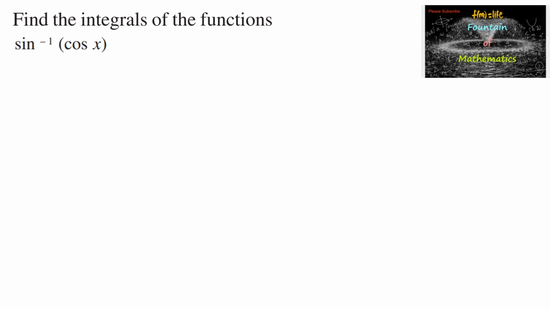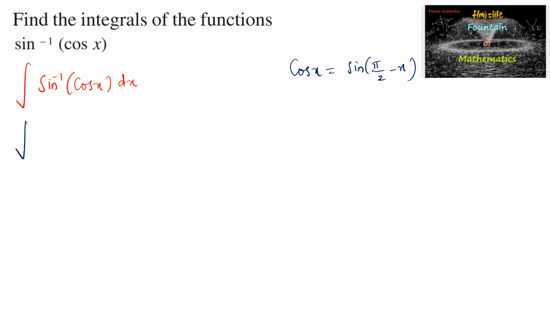Find the integral of the function sin inverse of cos x dx, and we can write cos x is equal to sin of pi by 2 minus x. So we can write here the integral of sin inverse of sin of pi by 2 minus x dx, and we know that sin inverse of sin theta is equal to theta.